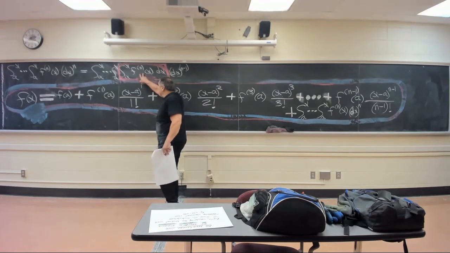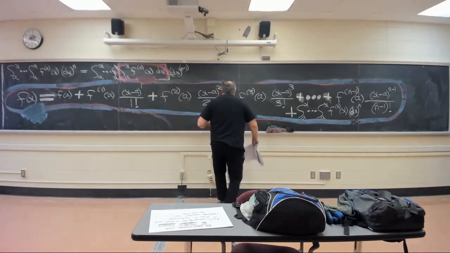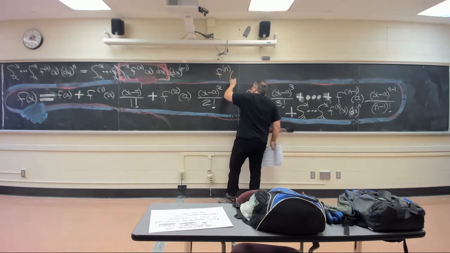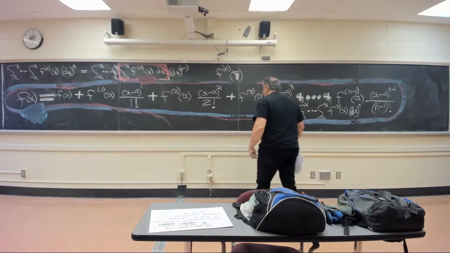you can find that this guy right here is going to be the nth derivative of f at some number xi, the Greek letter xi.